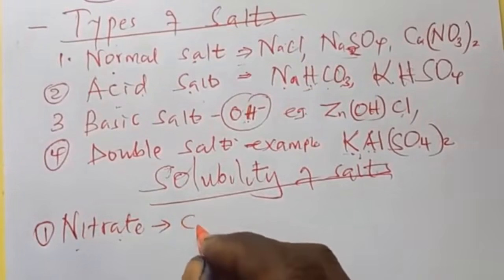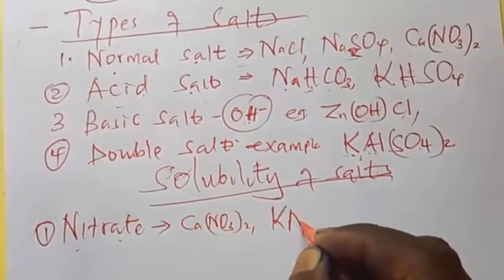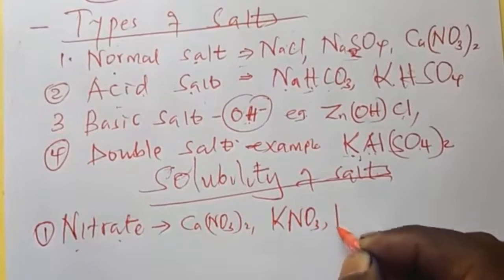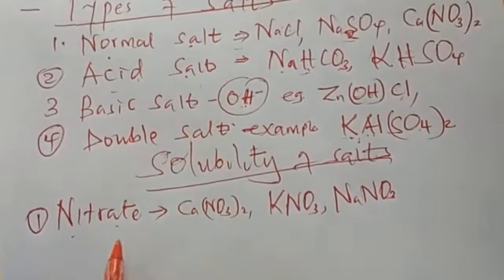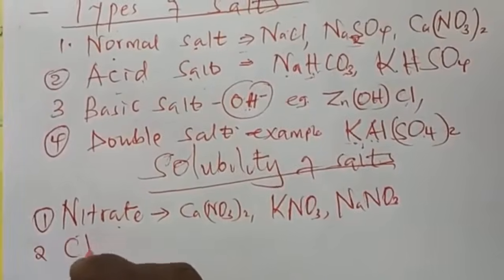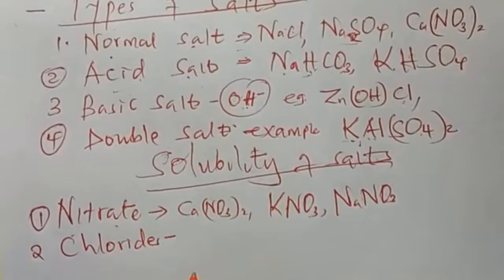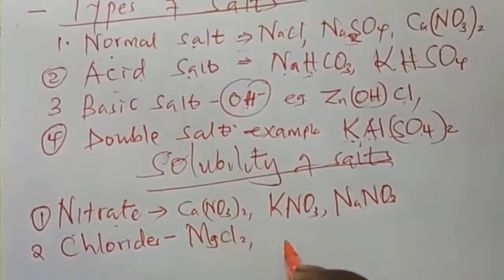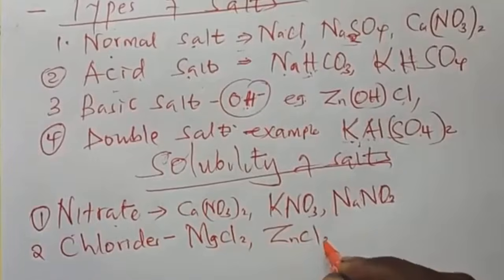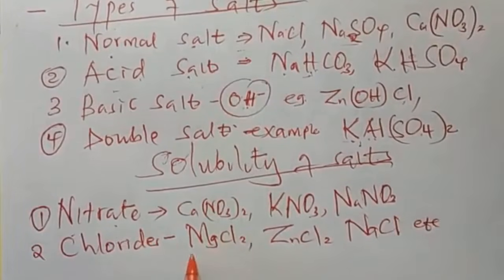An example is calcium nitrate, potassium nitrate, sodium nitrate. Type of salt number two is the chlorides. When I'm talking about chlorides, you should know examples of chloride. We have magnesium chloride, zinc chloride, sodium chloride, etc. These are examples of chlorides.